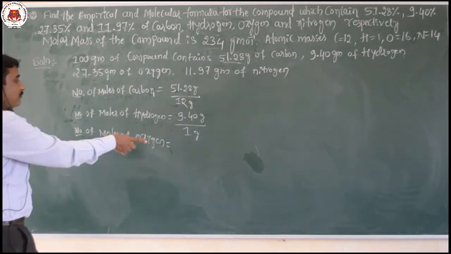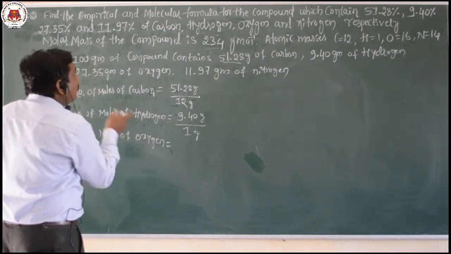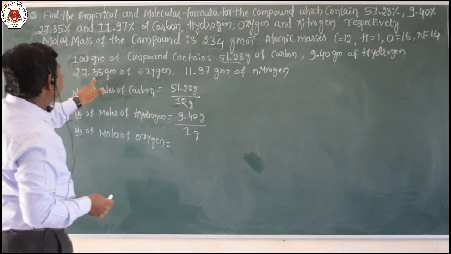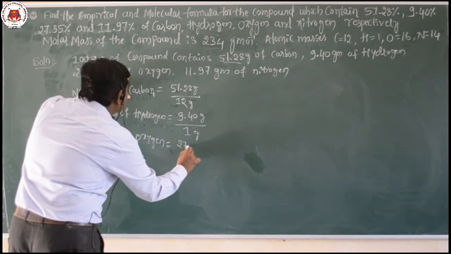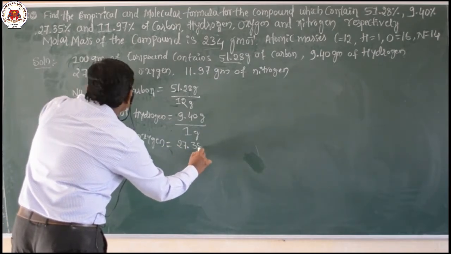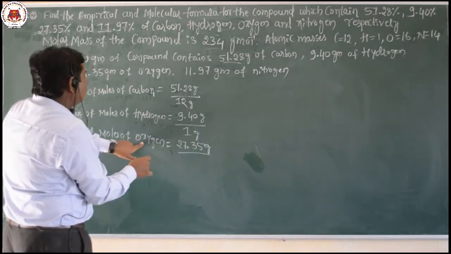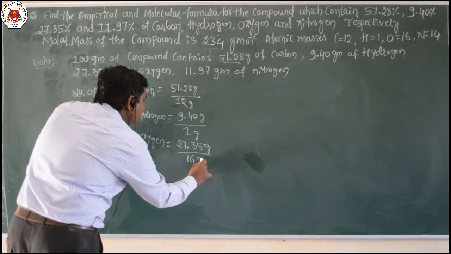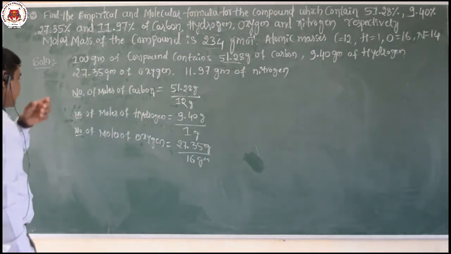So the given weight of oxygen is 27.35 gram divided by the atomic mass of oxygen, which is 16 gram.